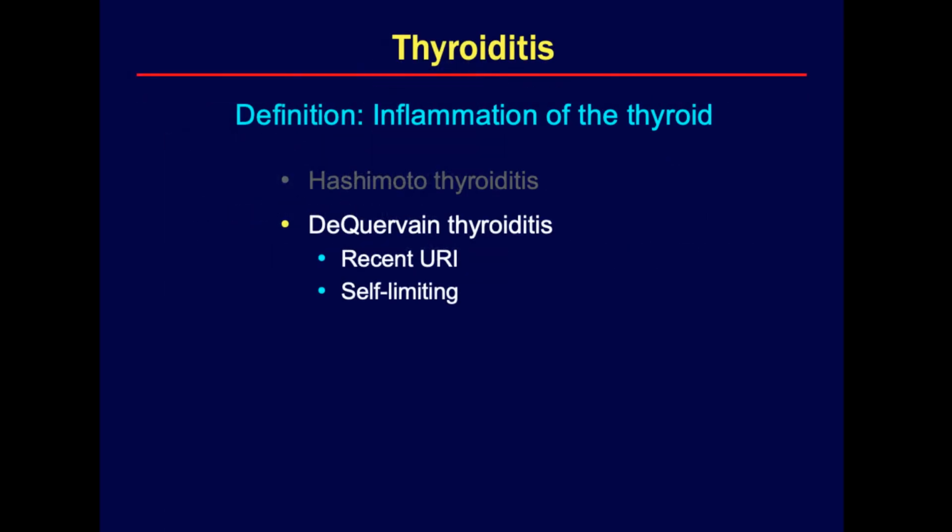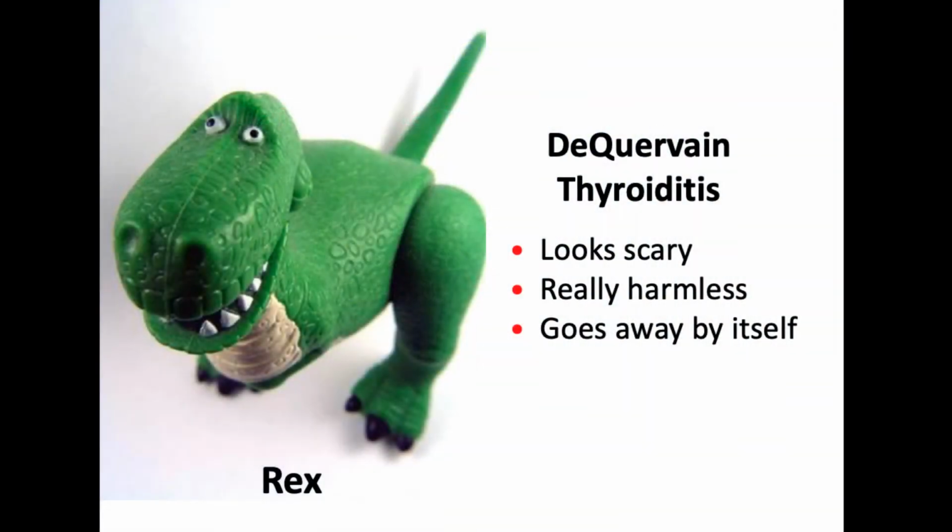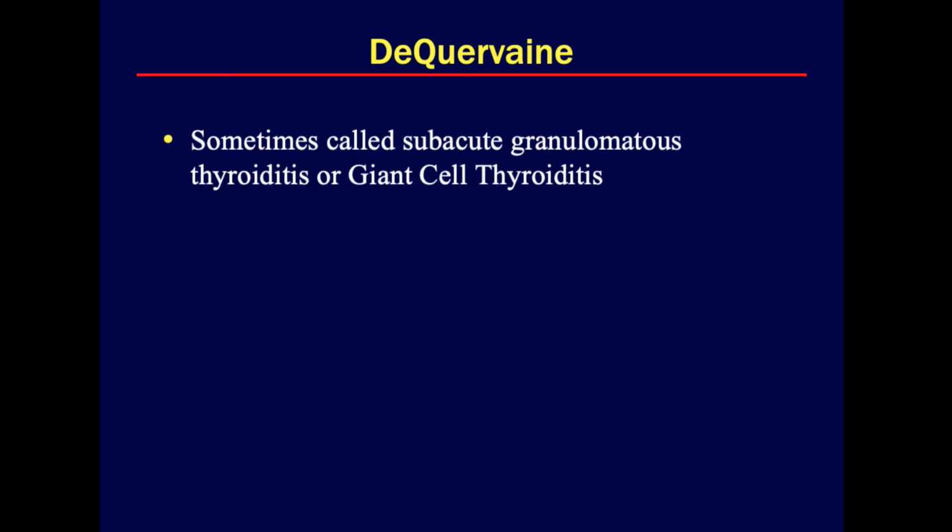In de Quervain's thyroiditis, this may look scary. The person has swelling in the thyroid, but usually this type of thyroiditis is going to come and go, and it usually goes away pretty quickly without causing too much problem in the person.